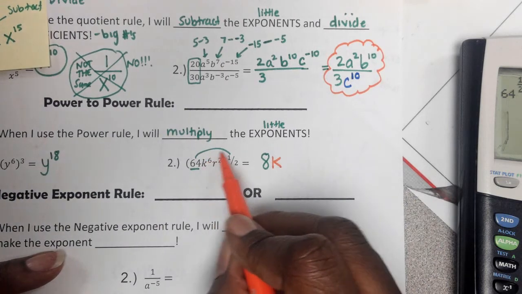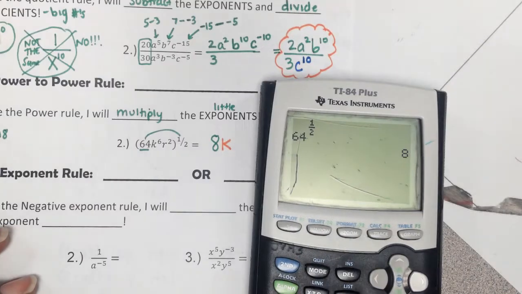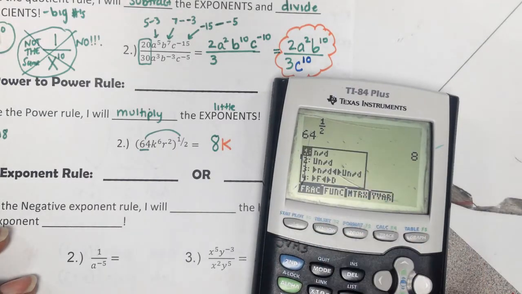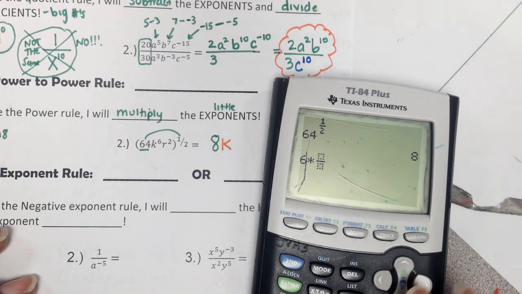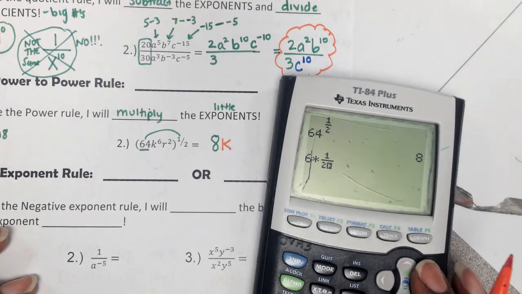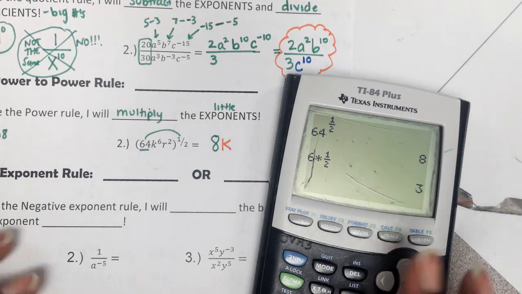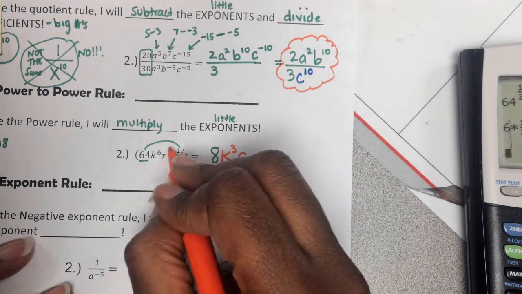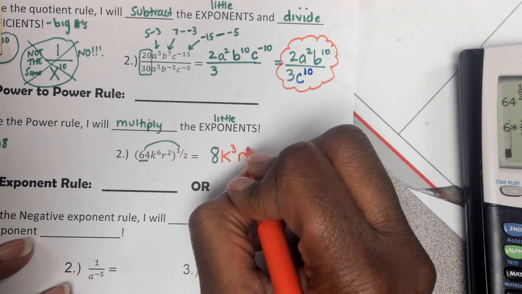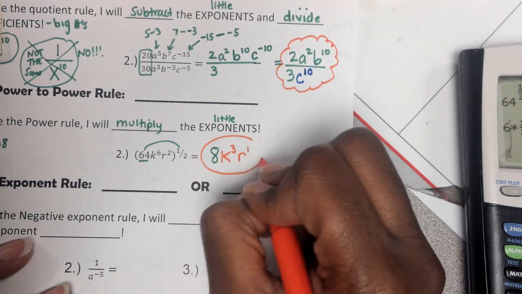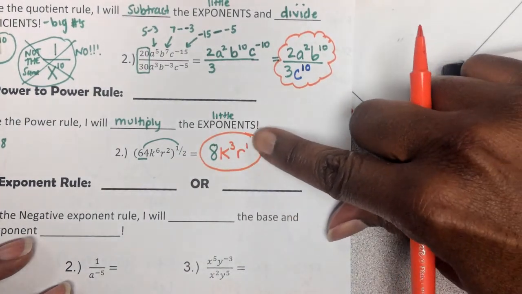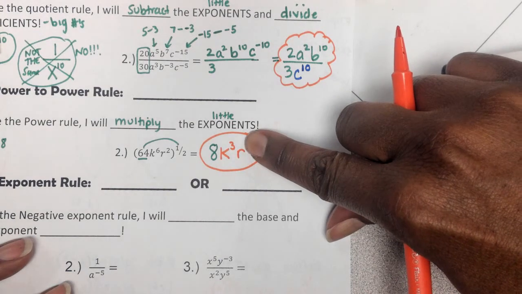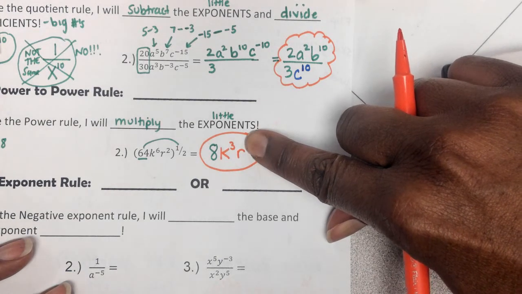So 6 times 1/2. 6 times a half is half of 6, which is 3. And then for the r's, 2 times a half, that's half of 2, which is an invisible 1. So the invisible 1 probably won't be there if you're taking STAAR. It would just look like this. There will be no 1 right there because it will be invisible.